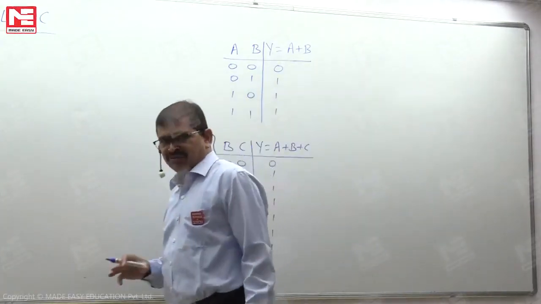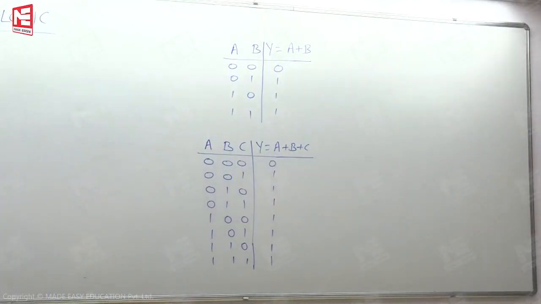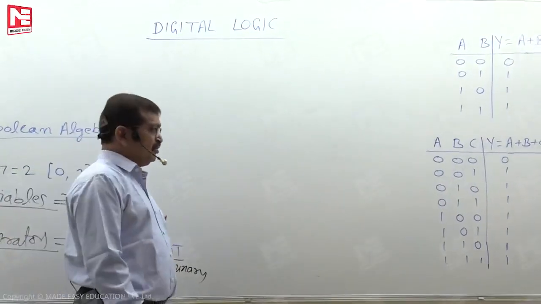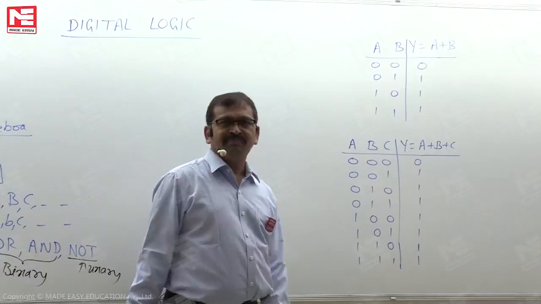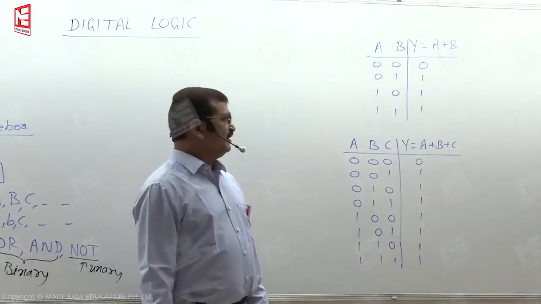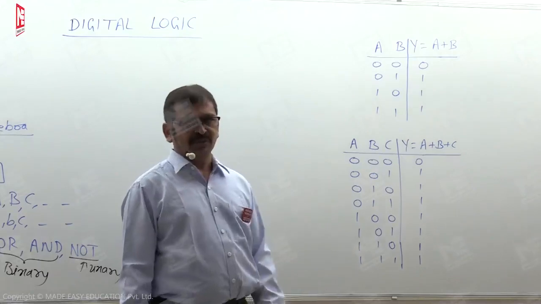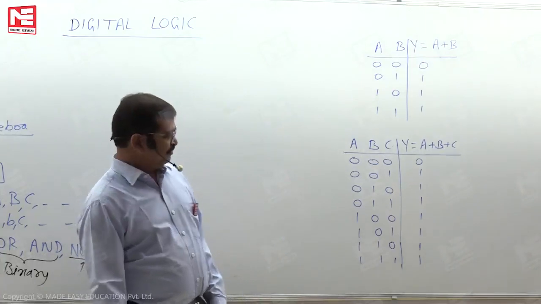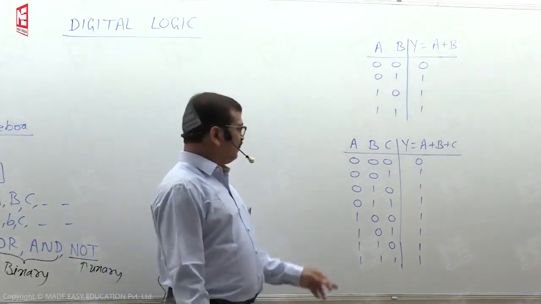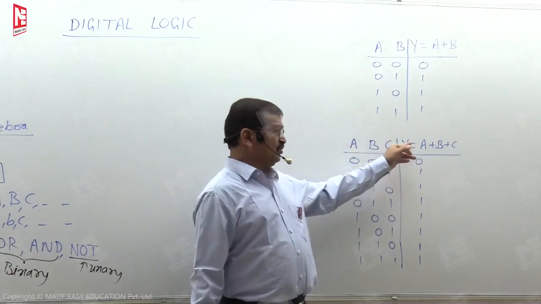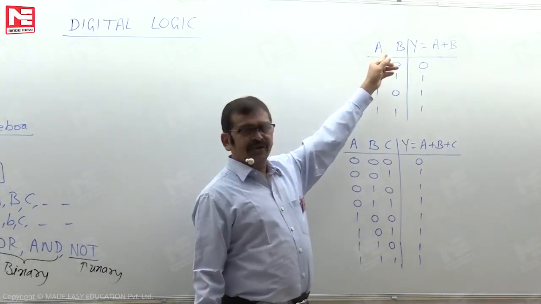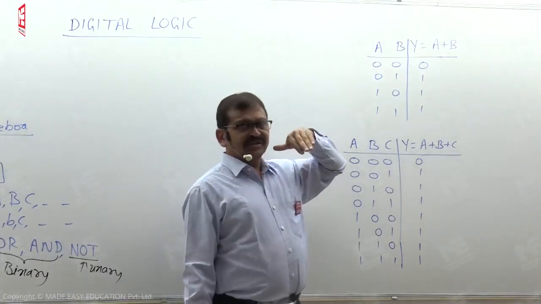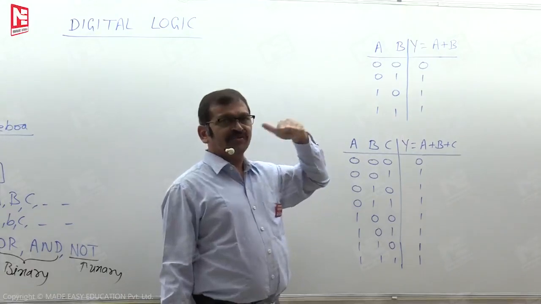So while looking at these tables, it is possible to make a statement on this OR operation: the result of OR operation is 0 if and only if all the variables are 0. You can note it. Whether it's 2 variables or 3 variables or in general any number of variables, the result of the OR operation will be 0 only for the first row.